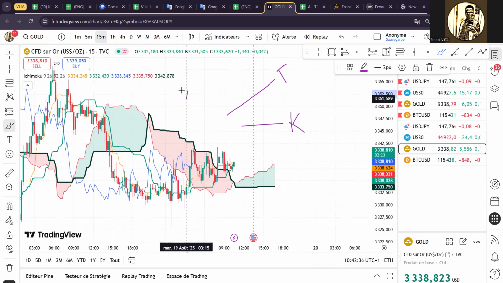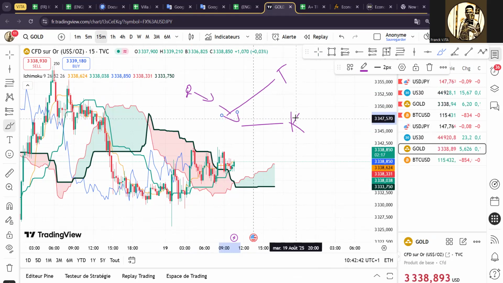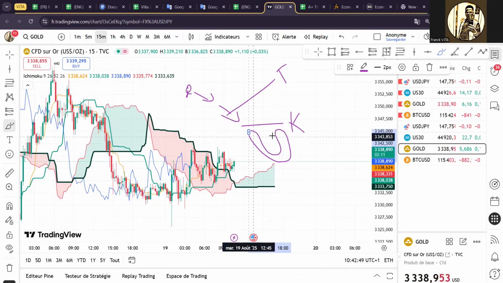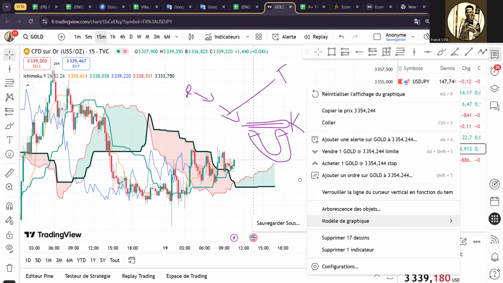That means that if the candles are just there above, the candles will tend to go toward Kijun, because Kijun works like a magnet that attracts the price toward it. When it turns into a plateau, the candle will go toward it. And that's exactly what happened here.